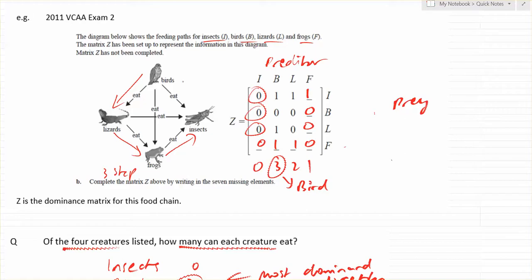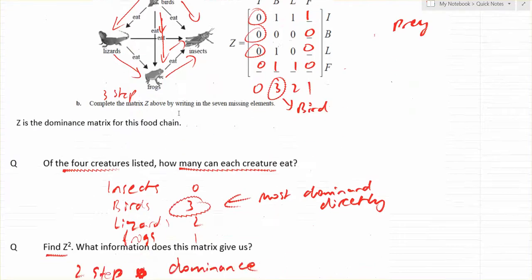It's also directly dominant over insects, and 2-step dominant over insects because it can eat the frog, which can eat the insect. So you've got to understand what Z means as a single matrix, what Z squared means, and what Z cubed means. Z squared means two-step dominance, Z cubed means three-step dominance.